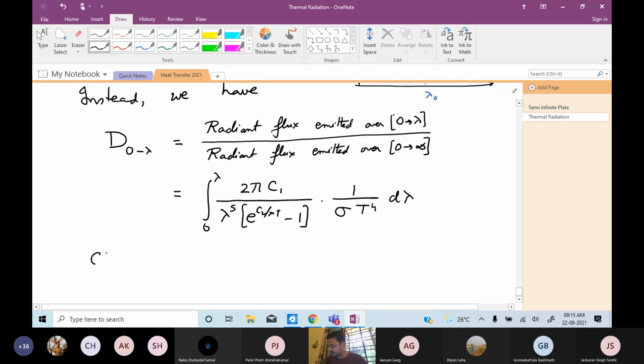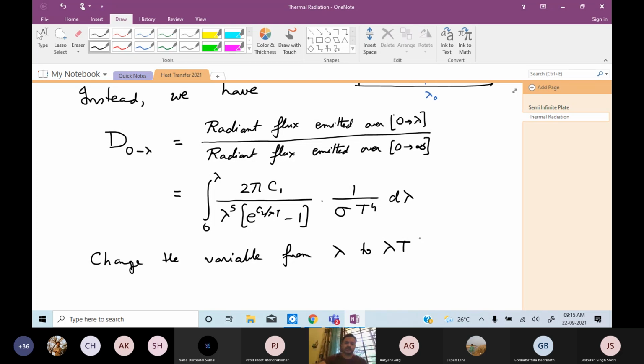Now you change the variable from lambda to lambda T. The reason is you have lambda to the power 5 and T to the power 4, then you have lambda T. So what is d lambda? d of lambda T is T times d lambda.